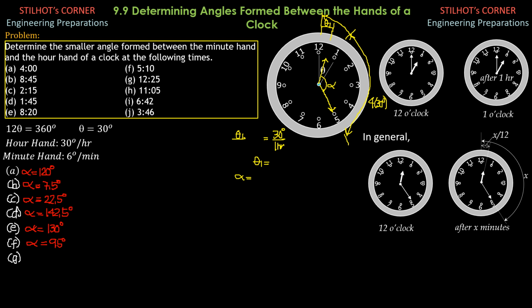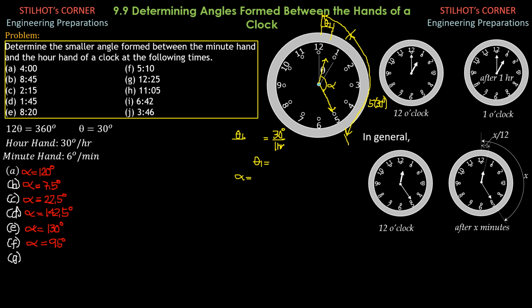So this alpha here is 5 times 30 degrees minus theta 1. So this is 5 times 30 degrees and minus theta 1.